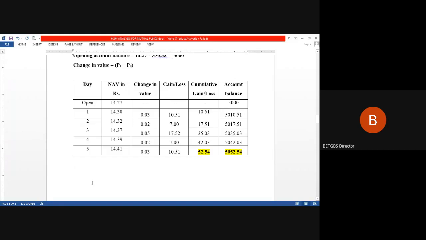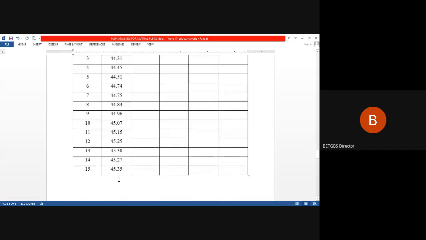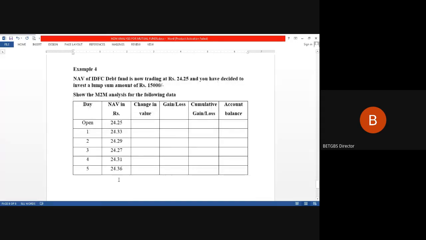So we have a few more exercises. Exercise 3 is applicable to Axis ELSS, and this exercise example for IDFC debt fund is applicable to this. So you can practice both these examples, and I will give additional examples as well.